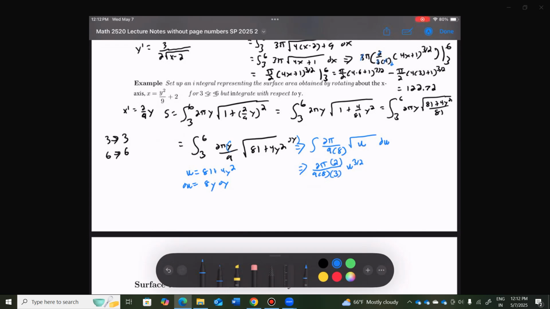And this is going to be evaluated, which I haven't found the new limit, so I'm not going to write them. So we'll just do a to b for right now, because I'm going to be plugging back in what I had for u.